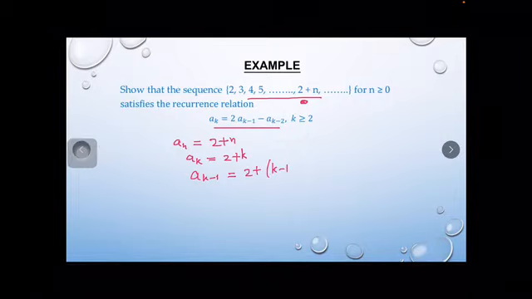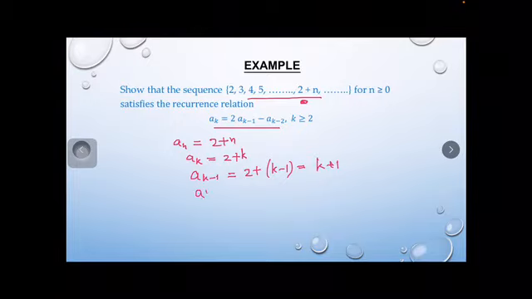So you will get k plus 1, right? You will get k plus 1.